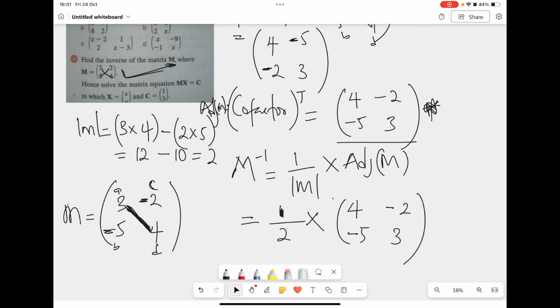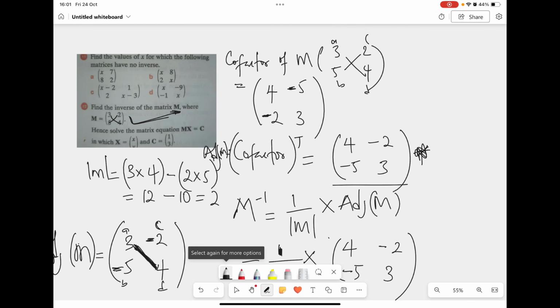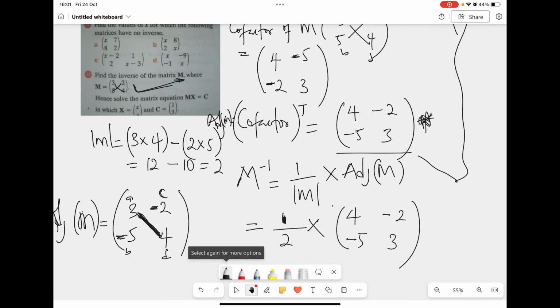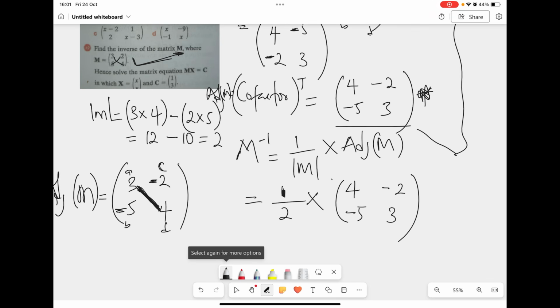This is the adjoint of M, as quick as possible, without going through the whole step, but it's necessary you know how things are done. So all you need to do is divide each of the elements in this matrix by 2, and you get your final answer.